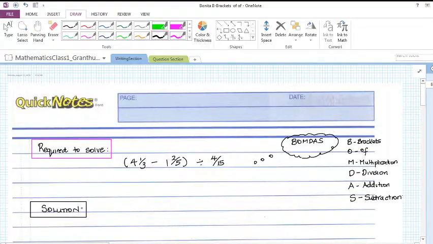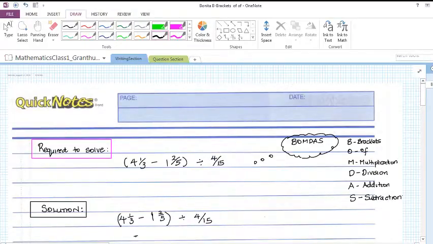In your solution, you have brackets, so it's telling you that you ought to do whatever is in brackets first. So what in brackets ought to be done first?